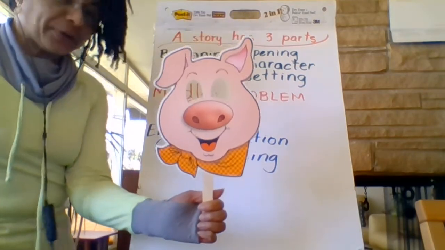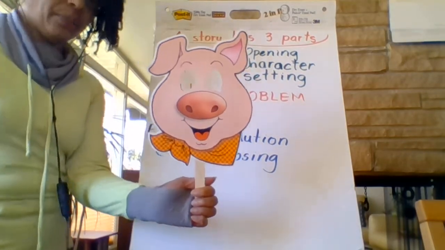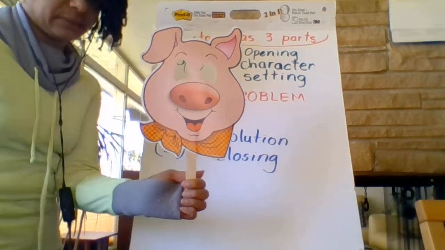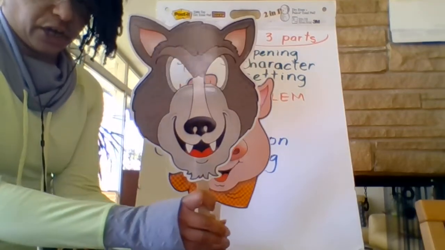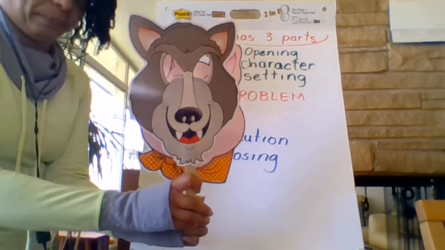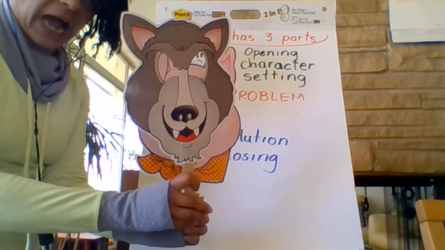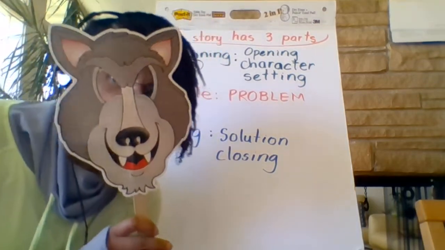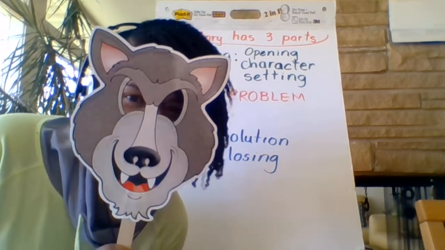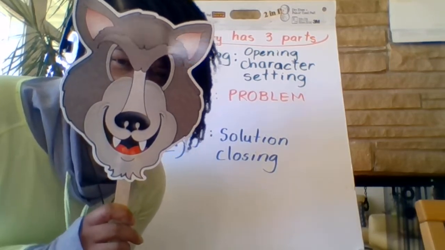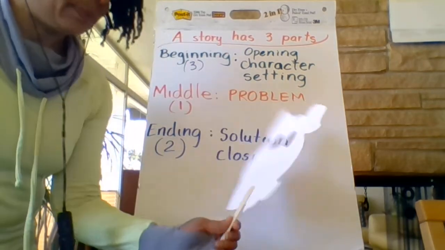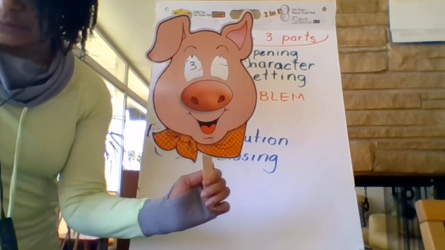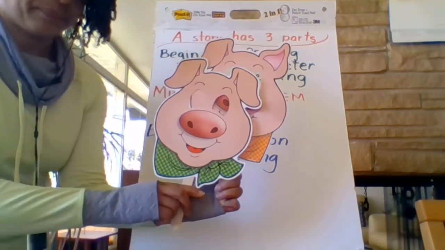Little pig, little pig, let me come in. Not by the hair on my chinny chin chin. Then I'll huff, and I'll puff, and I'll blow your house down. The wolf huffed and puffed and blew the house down. The little pig ran and ran until he got to his brother's house, the second little pig.